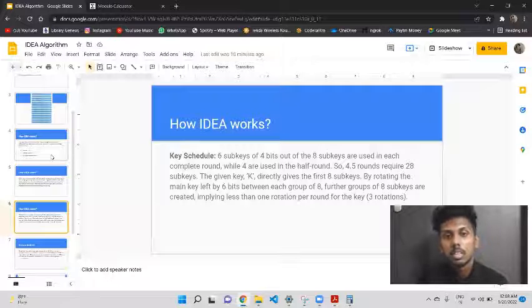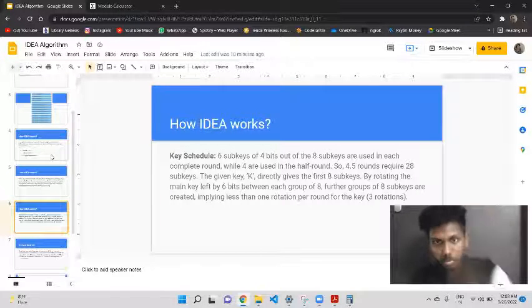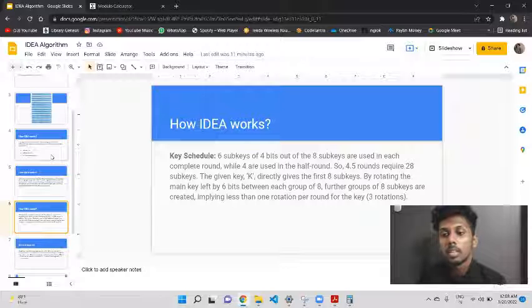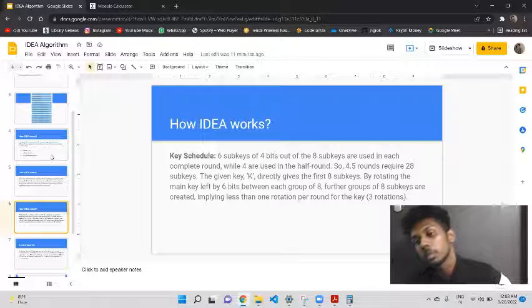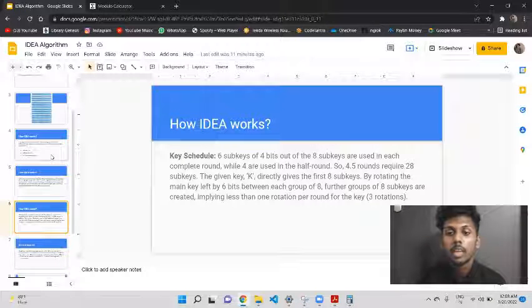Key schedule. 6 subkeys of 4 bits out of 8 subkeys are used in each complete round, while 4 are used in the half round. That is, we use K6 out of K8, and K4 out of K8 in the 4.5 round. So the 4.5 rounds require 28 subkeys.